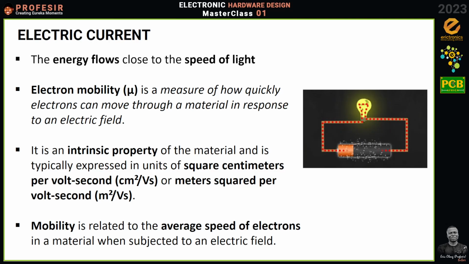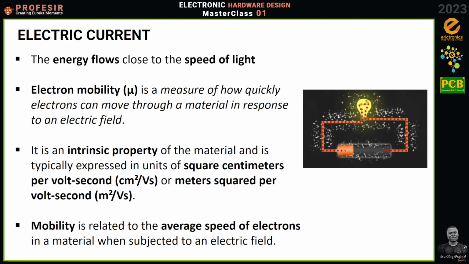Now this thing that we call electron mobility is an intrinsic property of materials. So if I pick something like copper, it has a certain mobility, which would depend on the field, I think, because electron mobility depends on the field, and it is measured in units of square centimeters per volt second or meter squared per volt second.